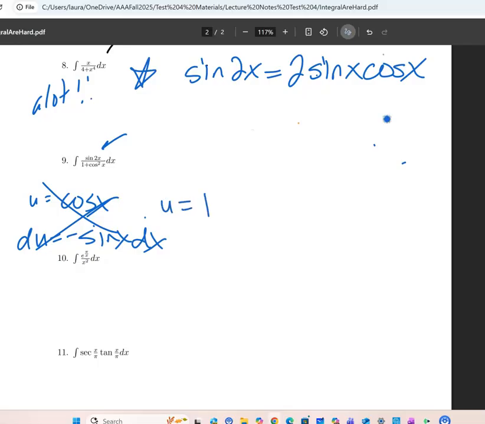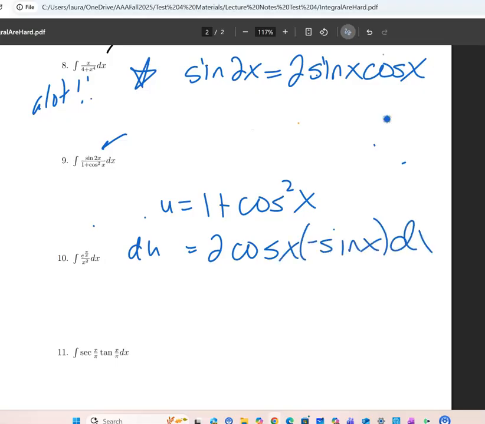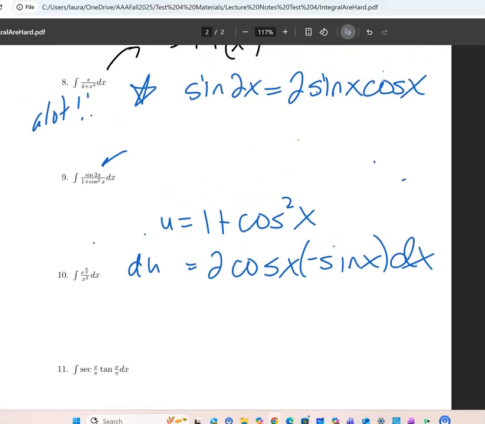If I let u equal 1 plus cosine squared x, I think I'm going to need the chain rule, right? So if I take the derivative, du is 2 cosine of x times the derivative of cosine of x, which is negative sine x. Wow, that looks ugly. Wait a second. Do you see something? I think so.